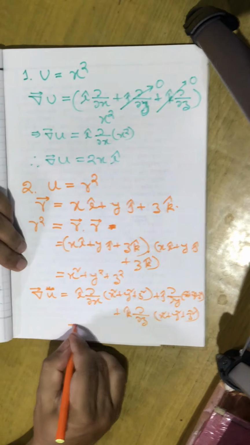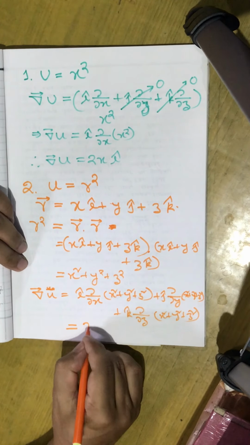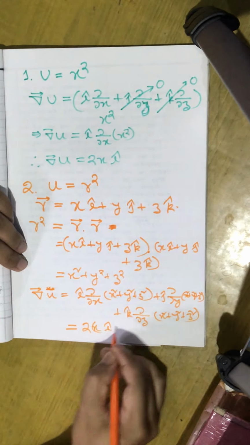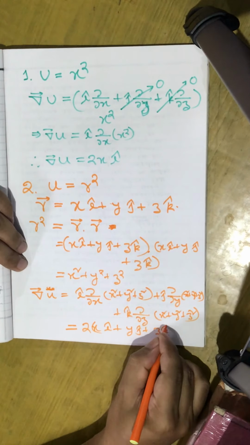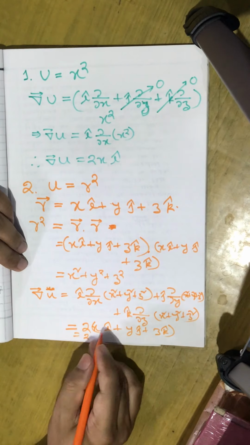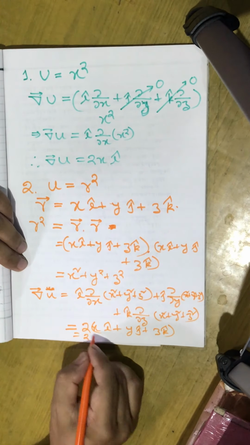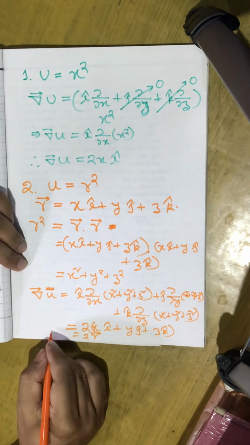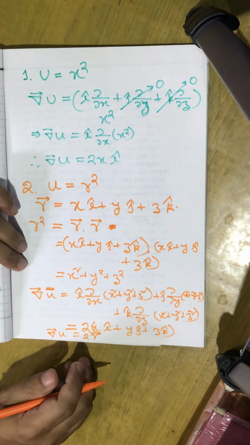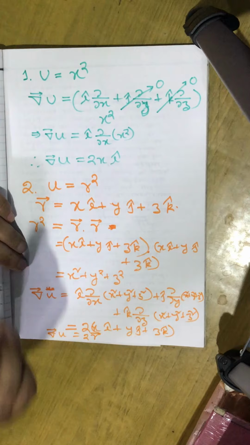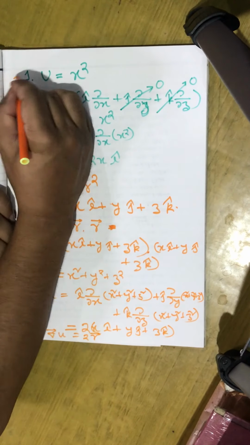And if you just do the differentiation, what you will get? Twice x into i cap, I will take 2 common, y into j cap plus z into k cap. So this value is equal to nothing but r vector. So the gradient of the scalar field here is equal to 2 into r vector. Okay, so this was example number 2.